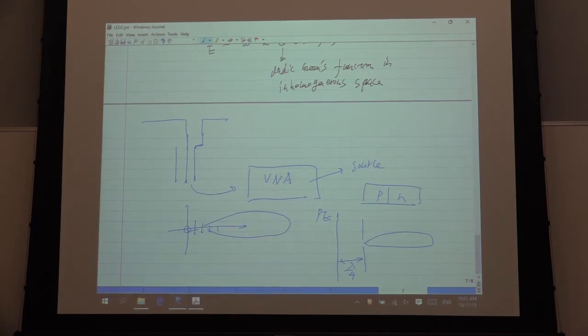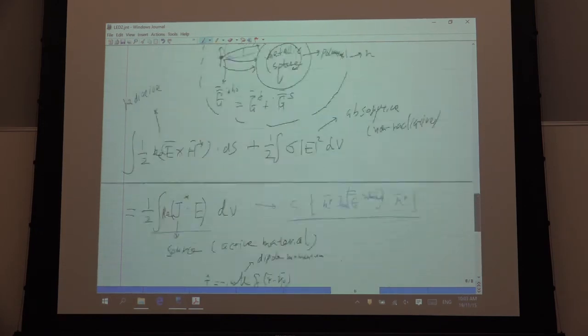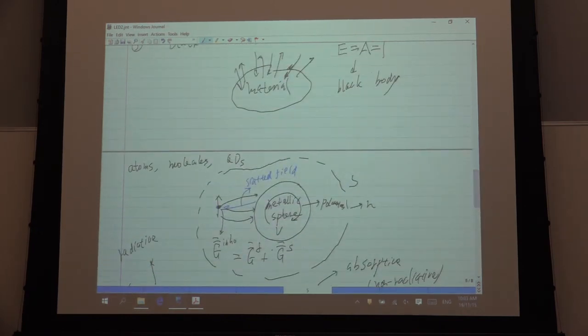But if that's true, we go back to the previous picture. Indeed, you don't need to have an atom, molecule or quantum dots, because of the Purcell effect.